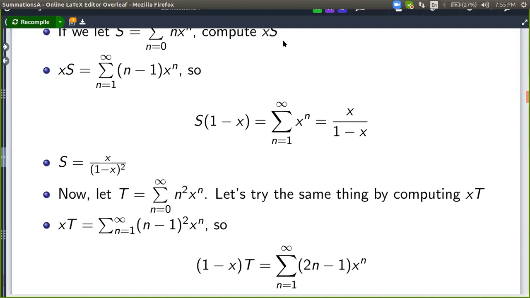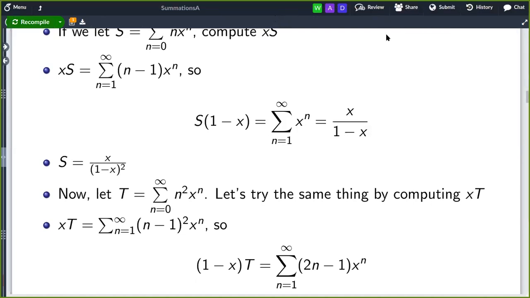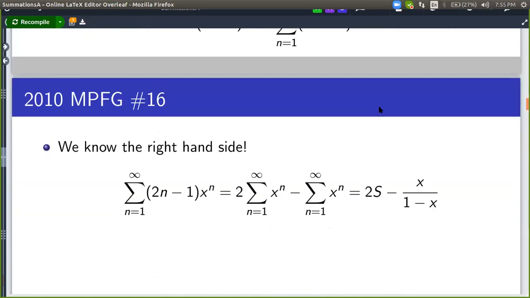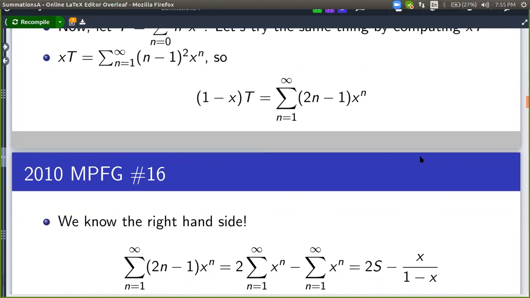So after we have this expression, how can we solve for t? Because we can't directly solve right now since we still have a sum. Yeah, so we see that we can actually separate this sum. So if we break it up into the sum from n equals 1 to infinity of 2n x to the n, and the sum from n equals 1 to infinity of x to the n, the first term is actually just 2 times s.